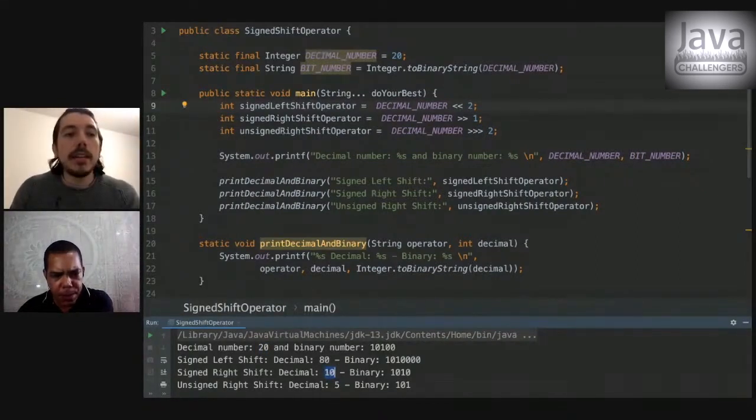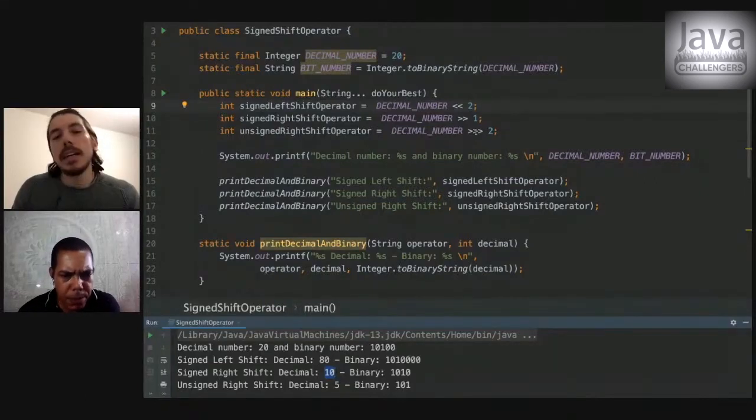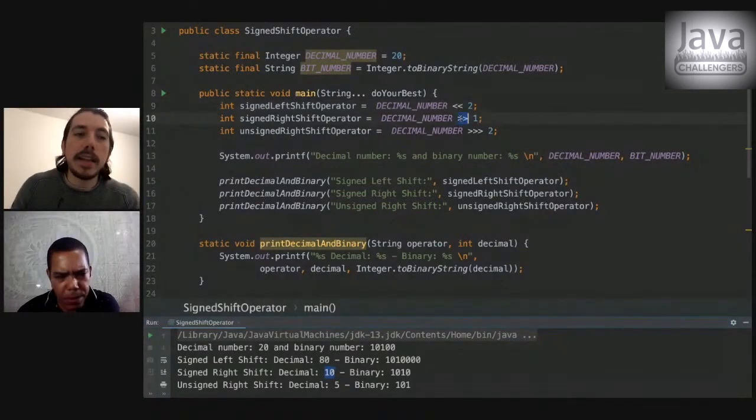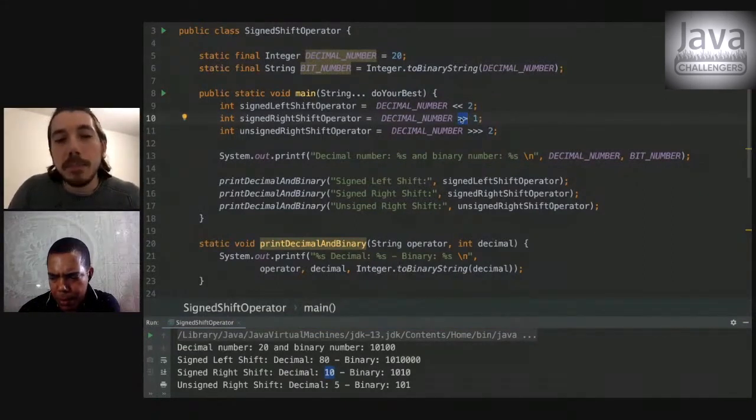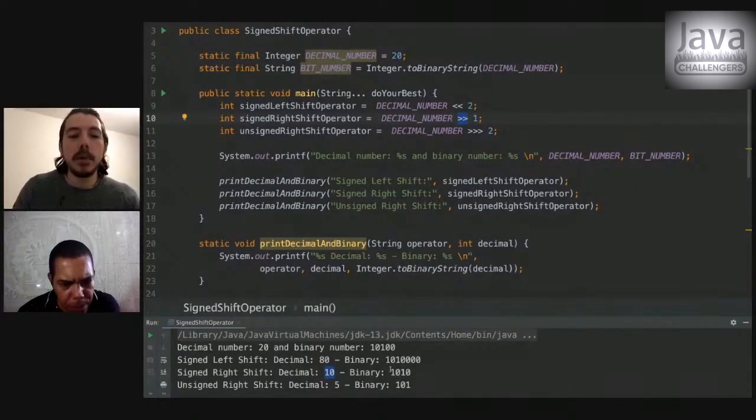The unsigned right shift operator will do the same as the signed right shift operator if it is a positive number. For example, here we had the 101 on the third position again, and in the unsigned right shift operation, it goes 2 positions to the right. That means it's going to go here.